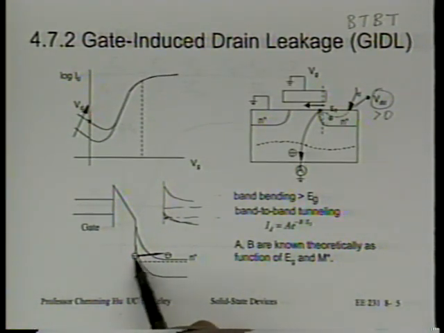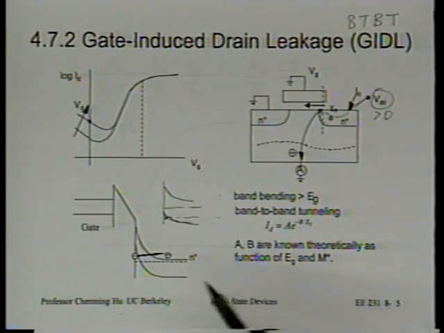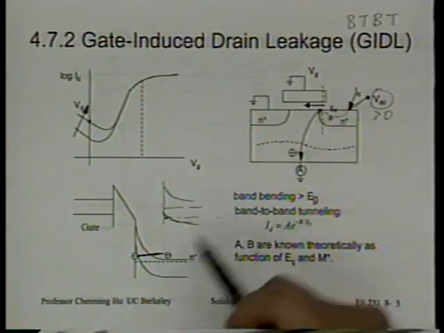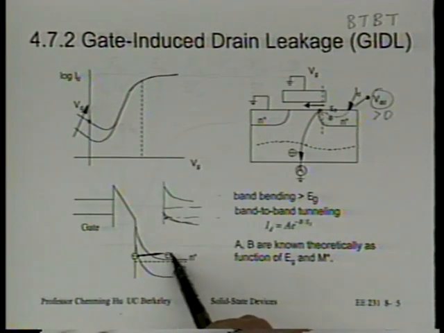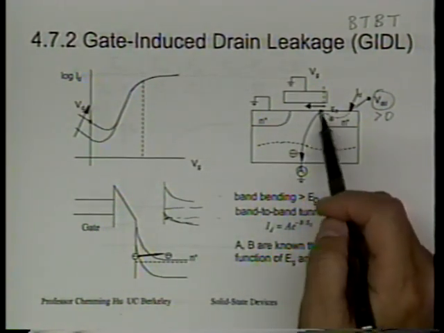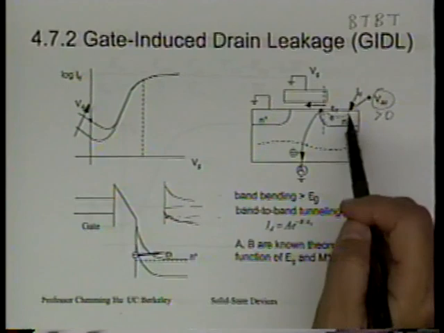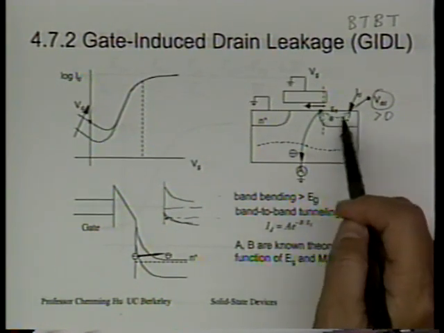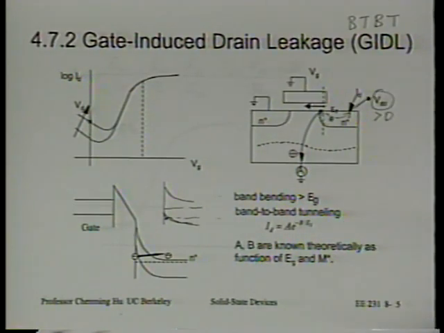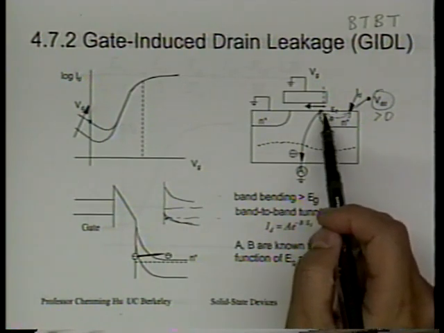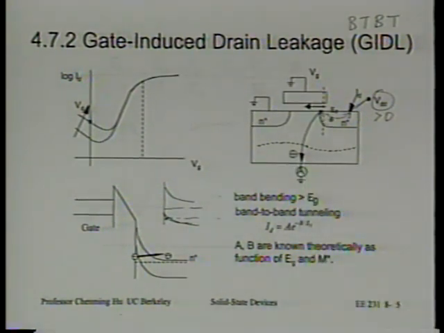When an electron tunnels from valence band to conduction band, that means once this conduction band electron is created by the tunneling, it will simply flow out into the drain by conduction, because the polarity and the field is such that electrons will flow out of the drain. It will leave a hole here, and the hole, as we said earlier, will simply flow out into the substrate, because the polarity is very reasonable.